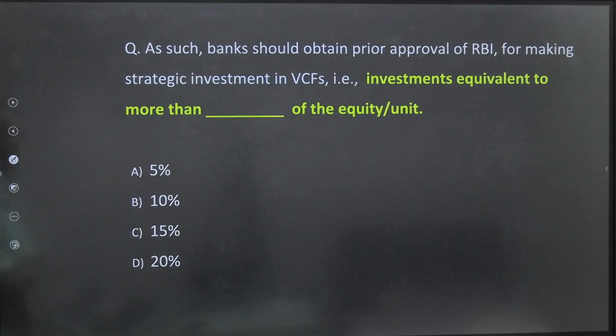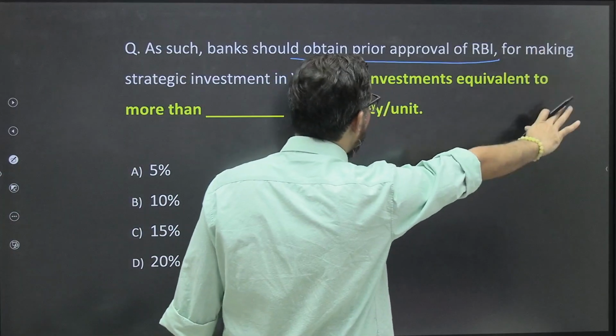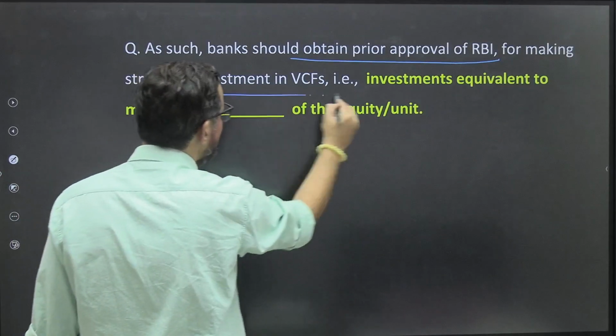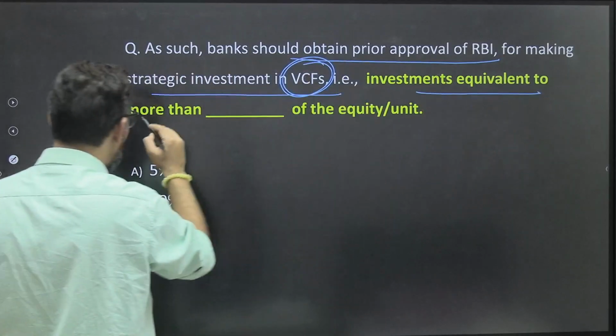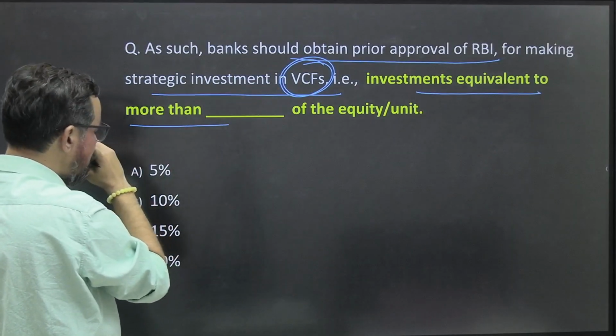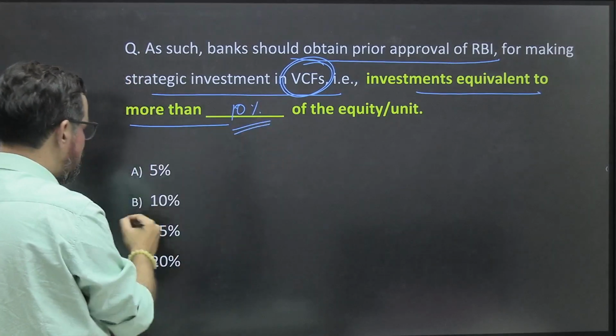Okay? So the bank should obtain prior approval of RBI for making strategic investment in venture capital funds, with investment of more than 10% only. So option B should be the right answer.